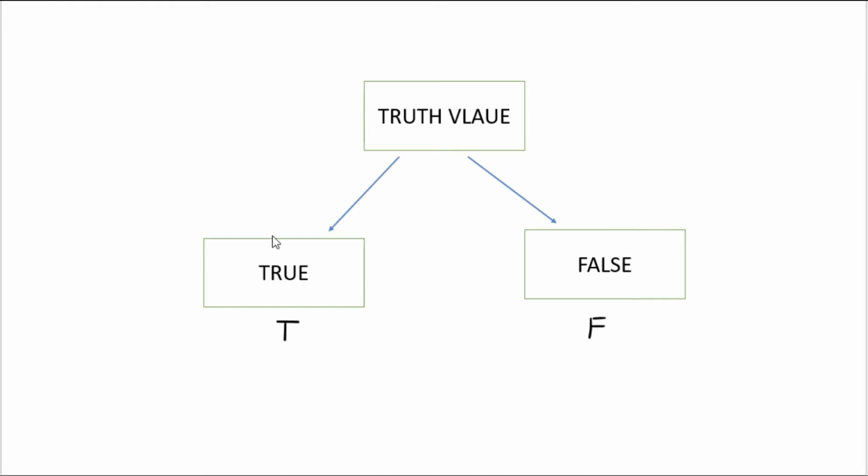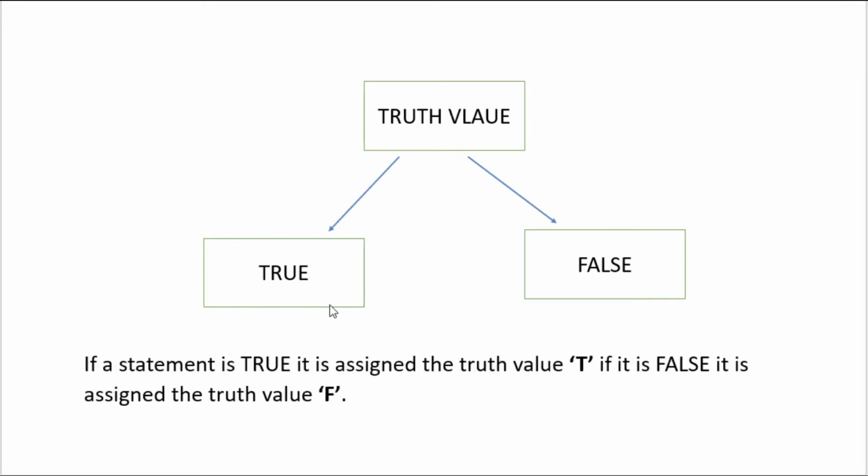So if a statement is true, its truth value is T. If the statement is false, its truth value is F. And remember, as we had said before in the definition, a statement can be either true or false, but it can't be both.